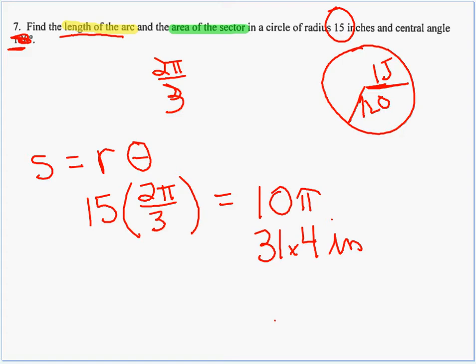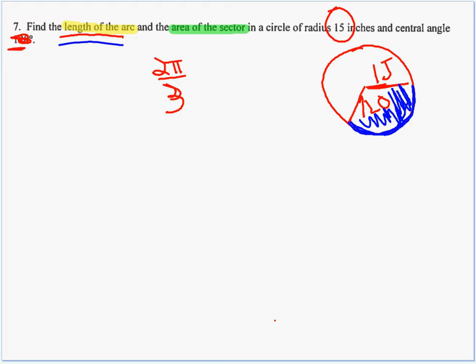So if we look back to my terrible sketch, what we found is the length of this piece of the circumference. Just a piece of that circumference is called a length of arc. And now we're going to find the area of this same piece right here, this sector, swept out by that 120-degree angle. Now we have a new formula for this.